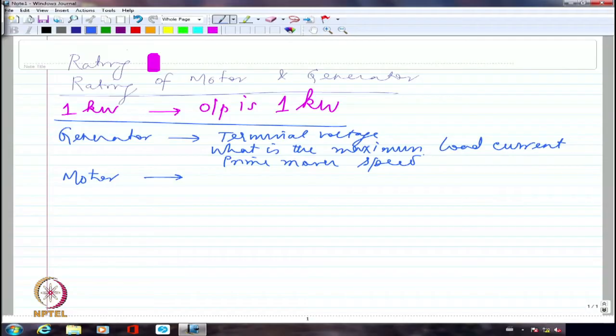Corresponding to that prime mover speed and a rated field current, I'll be able to generate the rated open circuit voltage, which will be slightly higher than the terminal voltage. The terminal voltage is 220. Maybe the open circuit voltage can be as high as 230. Slightly higher, it can be.